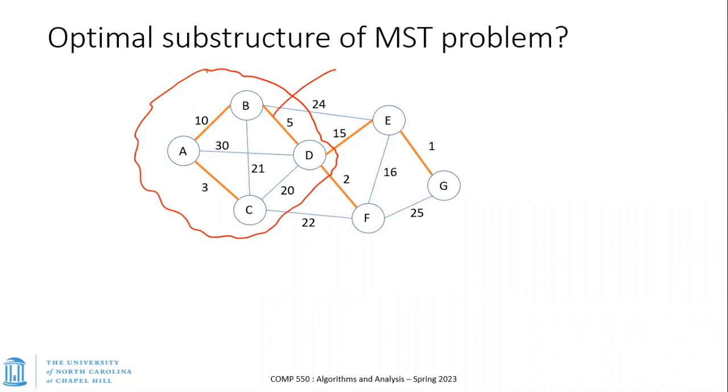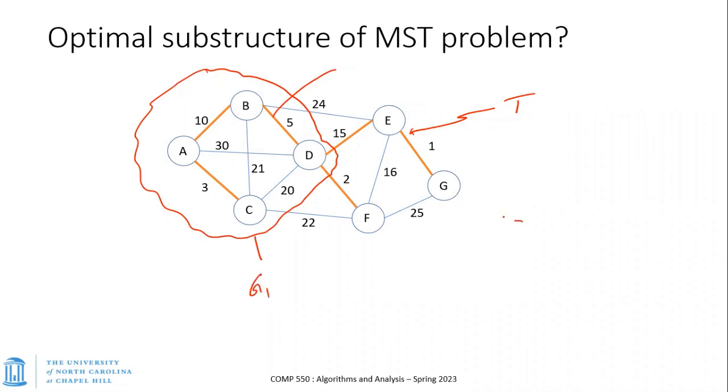MST, that was the overall, let's call that T, shown in the original tan color. The internet is acting up again today, but we'll have to just live with that. A subgraph, and let's call that G prime, okay, or let's call that G1, all right?